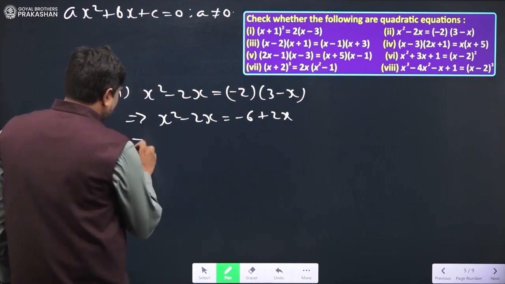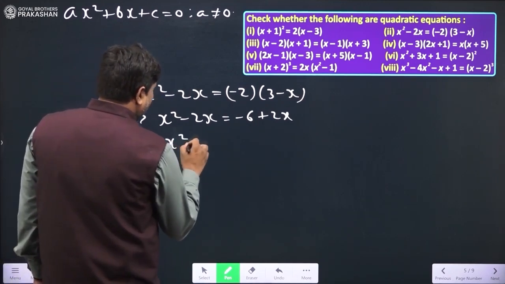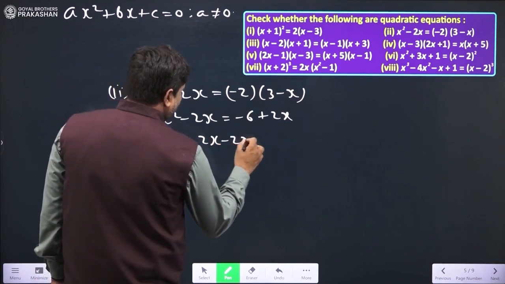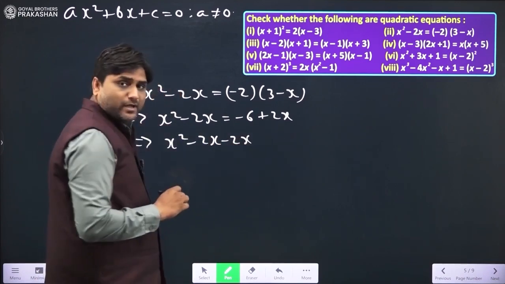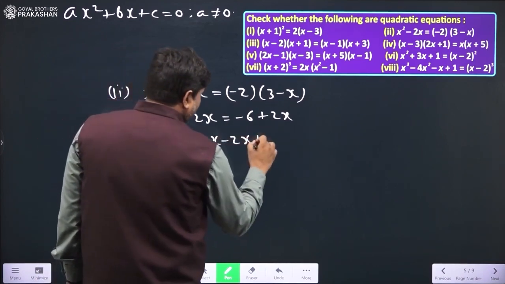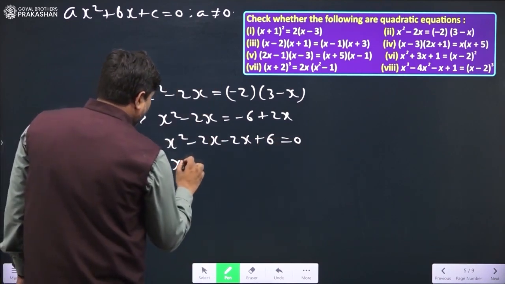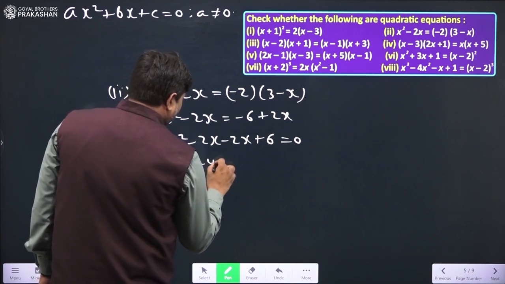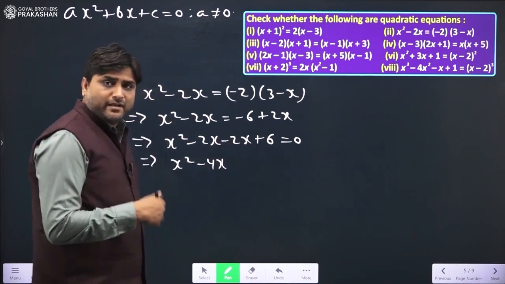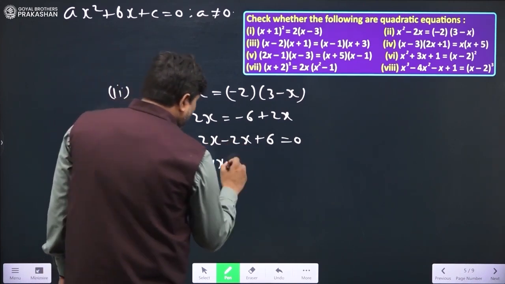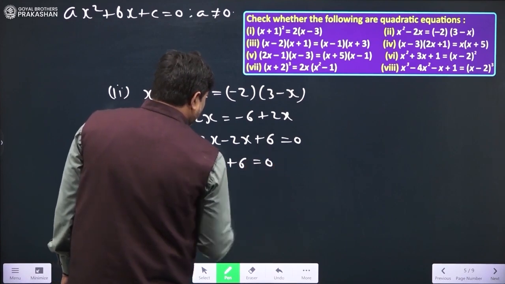So now this implies that x square minus 2x minus 2x. 2x comes to LHS, it will be minus 2x plus 6 is equal to 0. It means it is x square minus 2x can be written as minus 4x. So x square minus 4x plus 6 equal to 0.